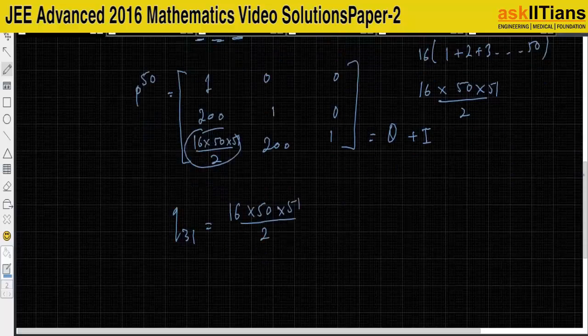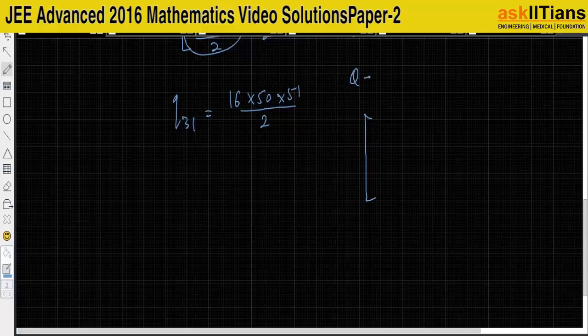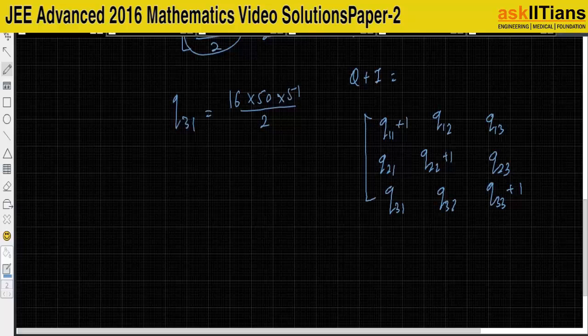Let me assume that matrix Q is something like this. What will be Q plus I? Q plus I will be Q11 plus 1, Q22 plus 1, Q33 plus 1, and everywhere else it will be the same: Q12, Q13, Q21, Q23, Q31 and Q32.